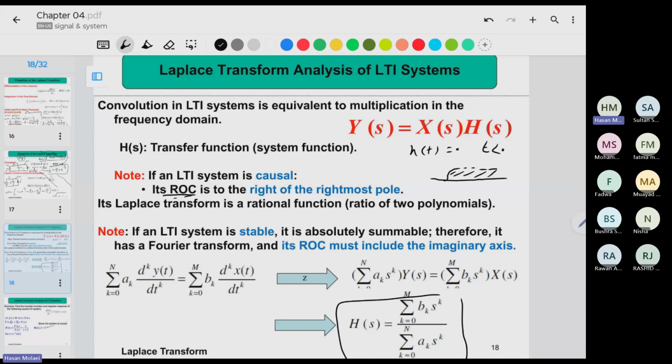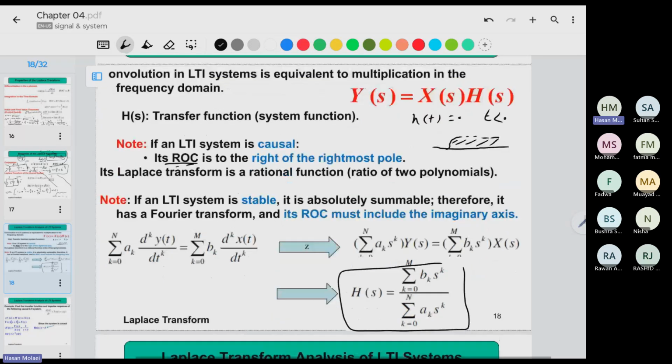A system is stable if it has Fourier transform. We saw in the conditions of Fourier transform, a system is stable if it has Fourier transform. And how can we find whether the system has Fourier transform or not?